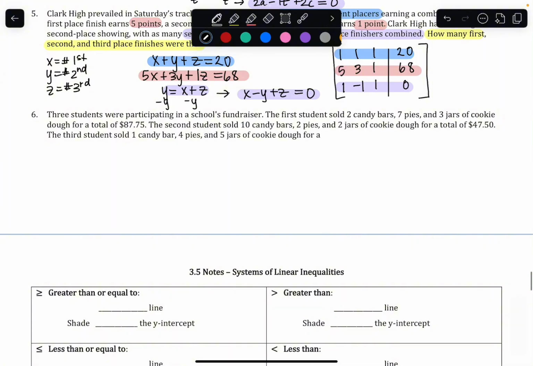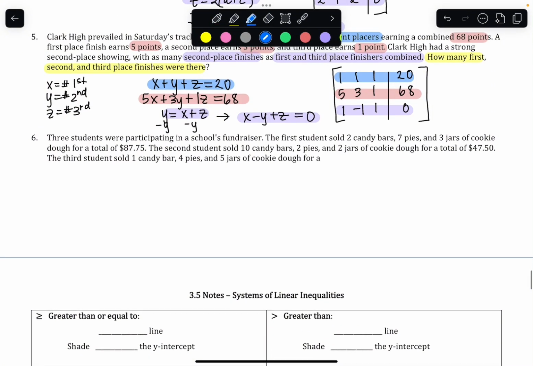So this one's a little bit different because each student creates their own equation. And so 2 candy bars, 7 pies, and 3 jars of cookie dough for a total of $87.75. And so I think this question was asking how much each one was.